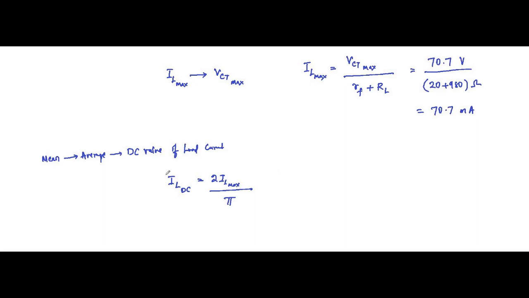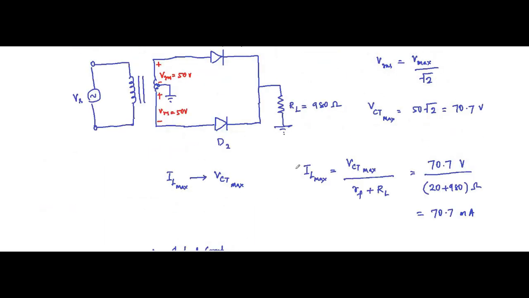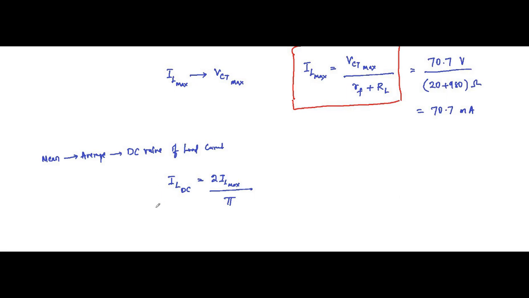This is very important. Like I said, there are some formulas which are very important. This is one, which will come in handy every time while solving questions. This is another. Direct formulas which you should always remember. Okay, so this is IL max, IL DC is 2 IL max by pi, which is equal to 2 into 70.7 milliampere by pi.